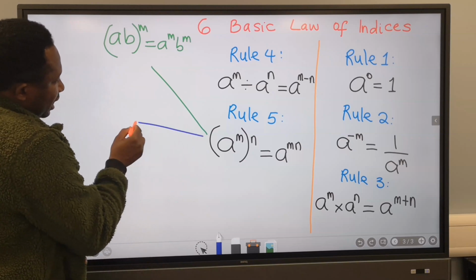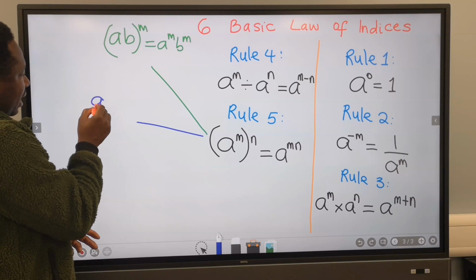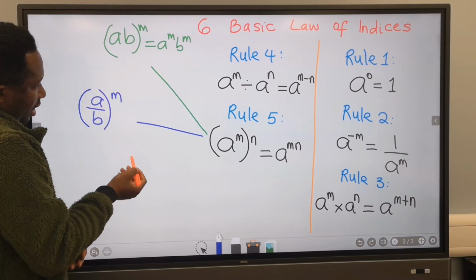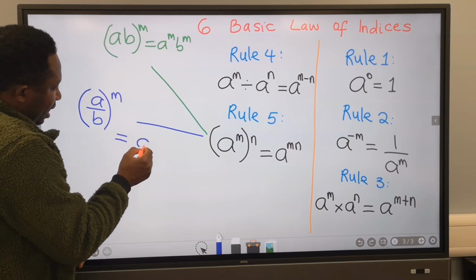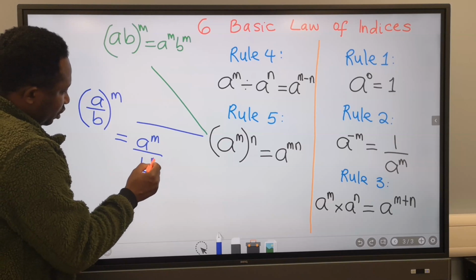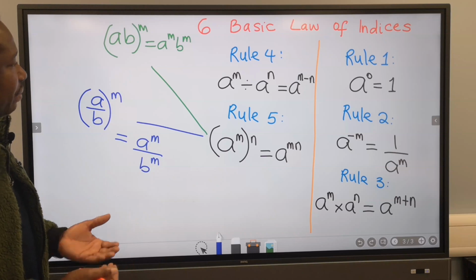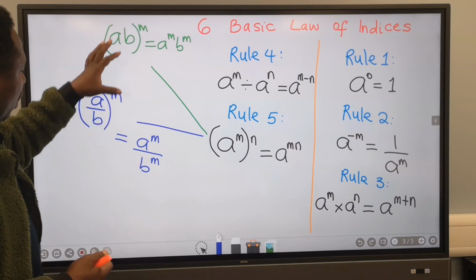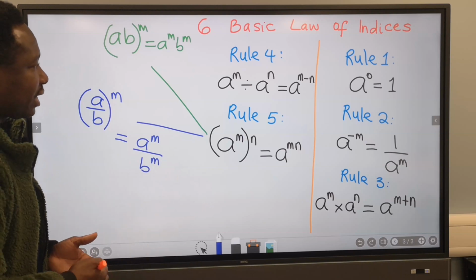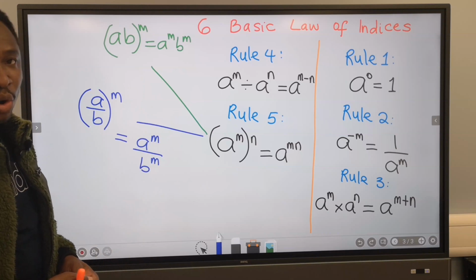Also, I can have another variation of this fifth rule, which states that (a over b) all to the power of m is a to the power of m divided by b to the power of m. The fifth rule is simply a variation of these two other rules. This is the reason you can hear 8 rules of the Law of Indices.